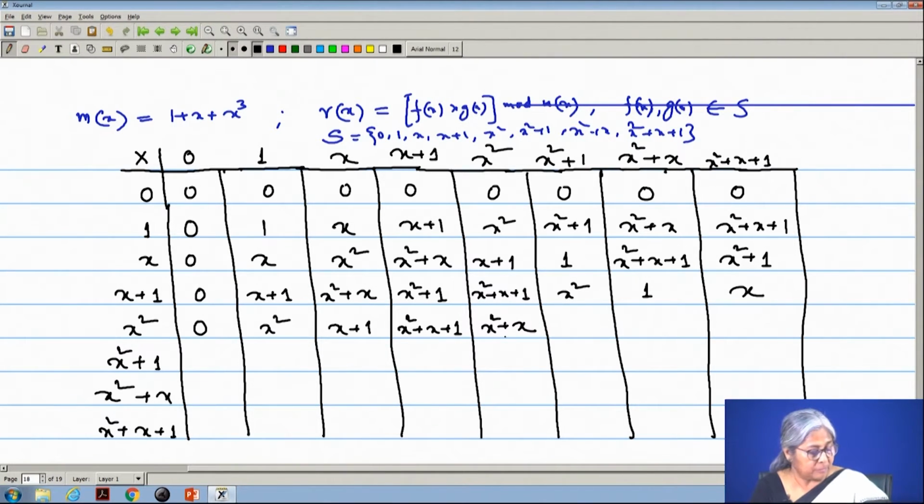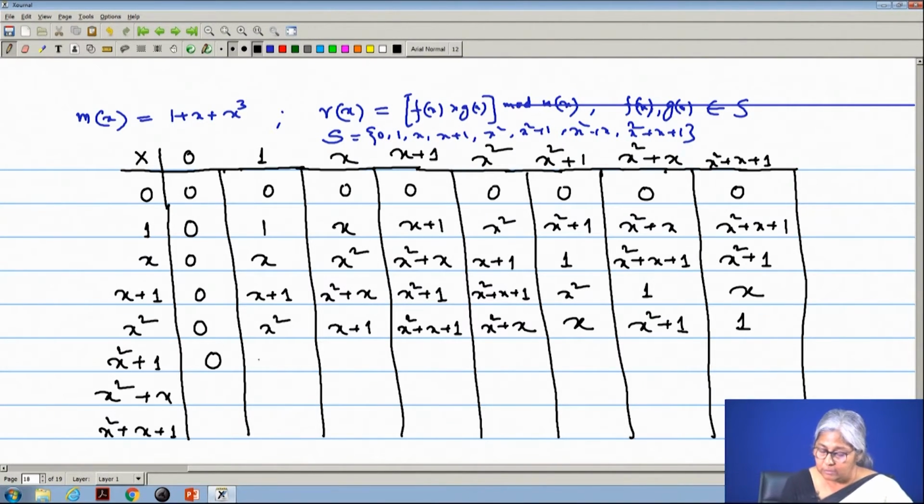Now, similarly, if I do this one, it becomes x, it is x square plus 1, and this becomes 1. Now, this is 0, this is x square plus 1, this is x cube plus x. So, this becomes 1.